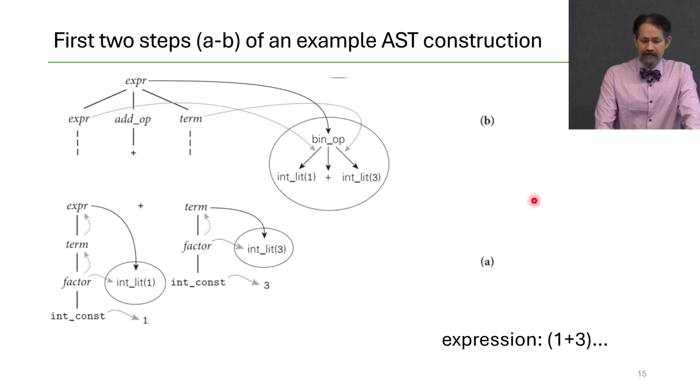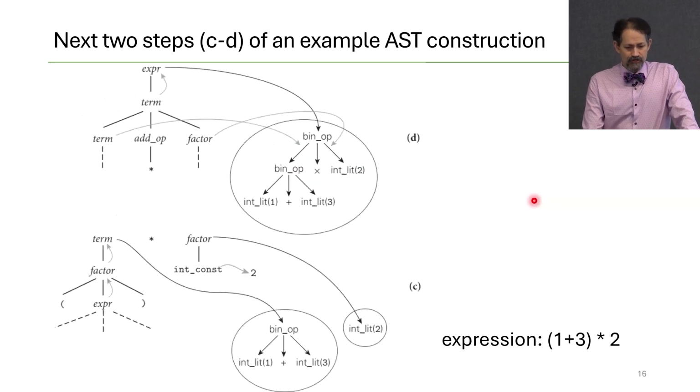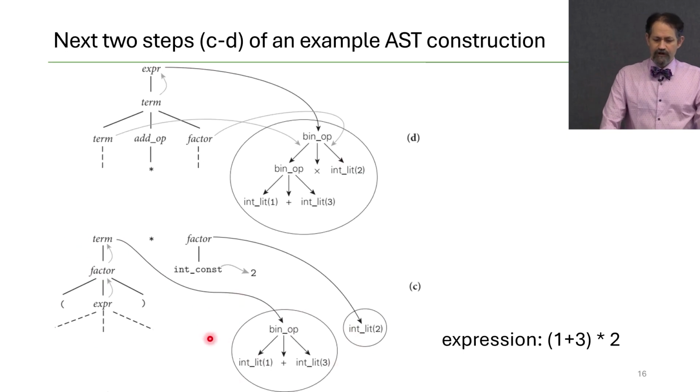Now maybe this 1 plus 3 is part of some larger expression, 1 plus 3 times 2. And so let's go to part C here. We're going to take the thing we already parsed, the term of the binop of intlit 1 plus intlit of 3.